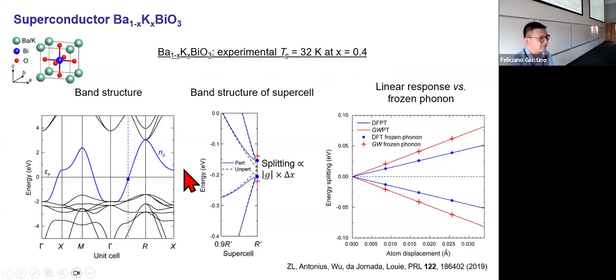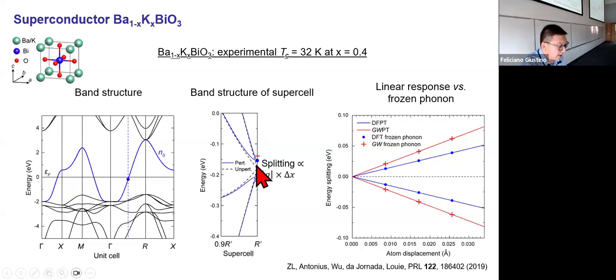And as I mentioned, one can use frozen phonon to extract the information, right? So here we first do the same thing to verify against GWPT. Following the previous work, this is the point they choose. If you make a 2x2x2 supercell, then your supercell Brillouin zone along this direction will be folded at this dashed line.